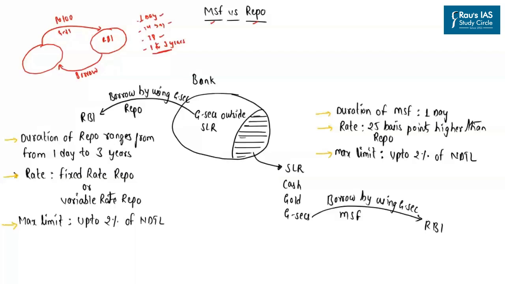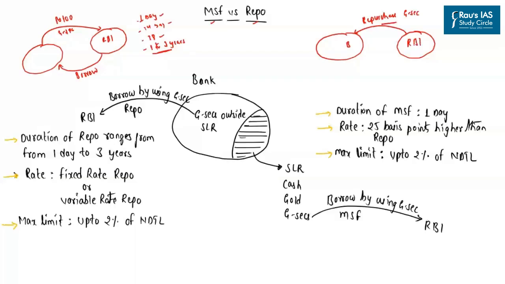Once the repo matures, in the second leg of the transaction, the bank will repurchase the same government security which it had earlier sold to the Reserve Bank of India. Earlier it had sold this government security worth 100 to the RBI, right? This same government security, the bank is repurchasing from the RBI.